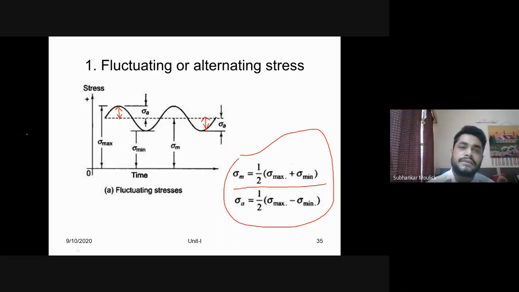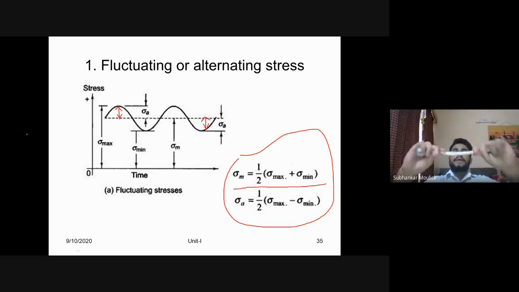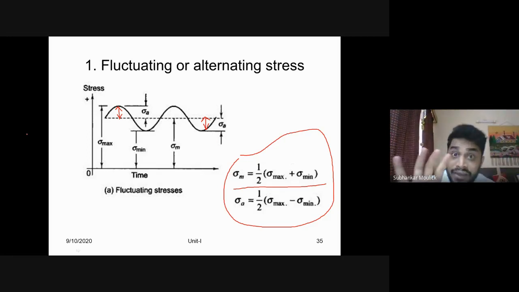In that fatigue testing machine, this is your component, you fix the two jaws of the component and you try to vibrate this component with some amplitude. So this component will rotate clockwise, anti-clockwise, clockwise, anti-clockwise, between a fixed cycle.